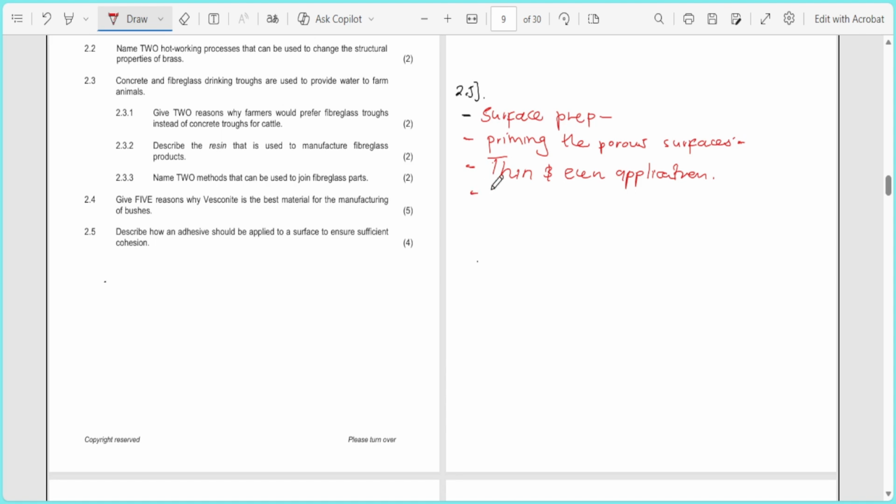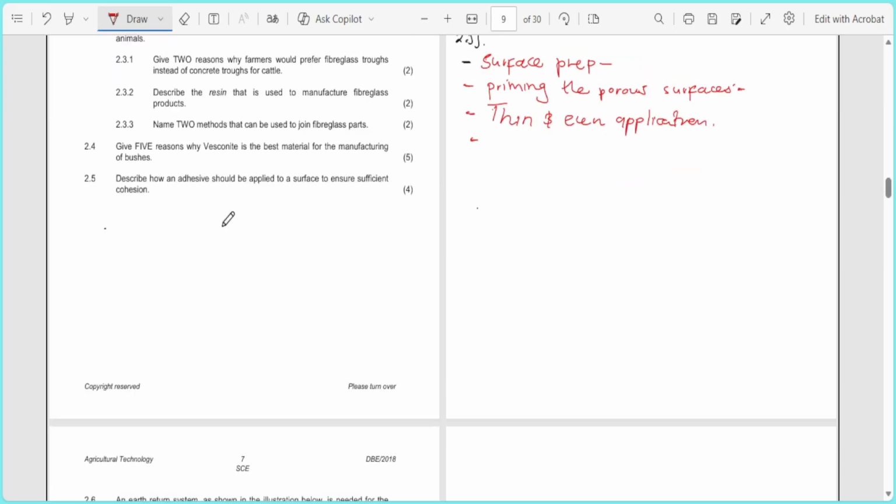materials. All right, so this is another phrase that I think is key in the description of this question. We also have bonding both the surfaces.